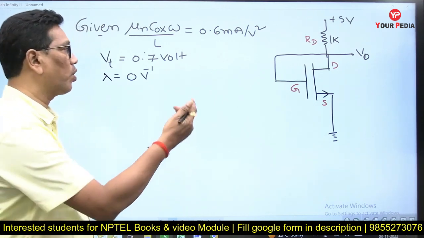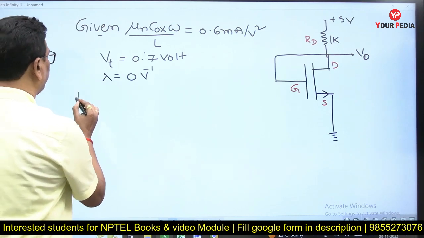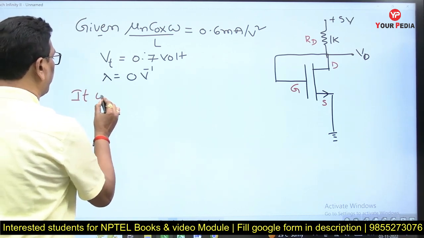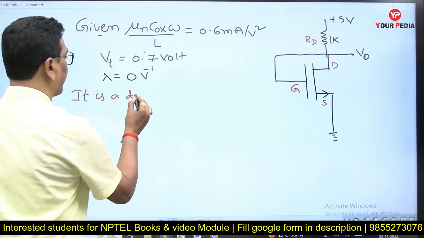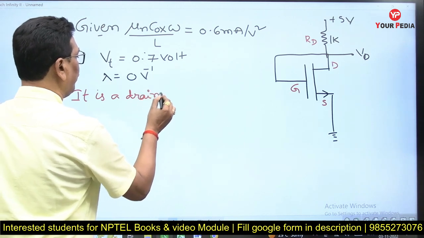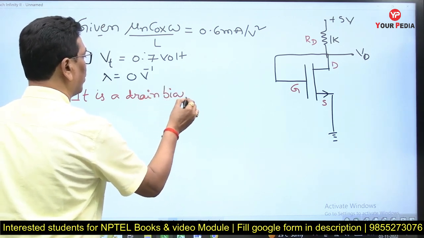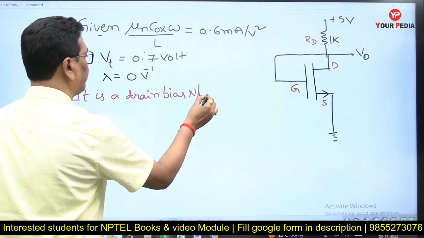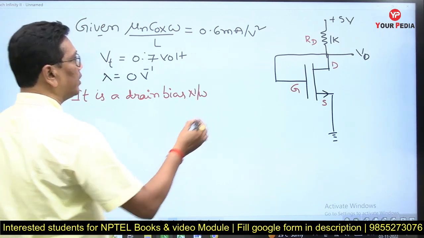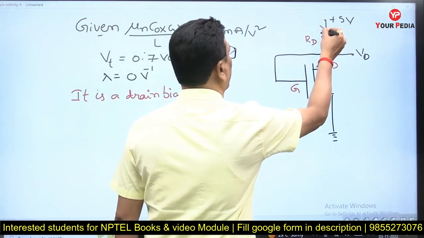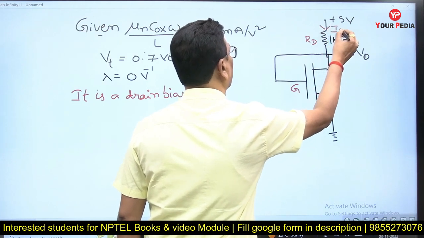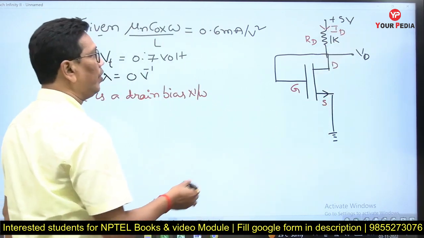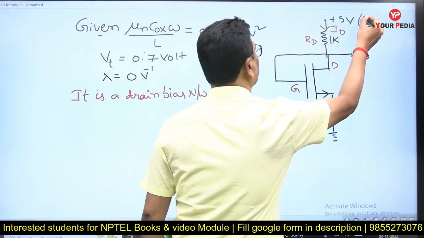This looks like a drain bias network. Here the current passing is ID, the drain current. This is the drain supply voltage VDD.